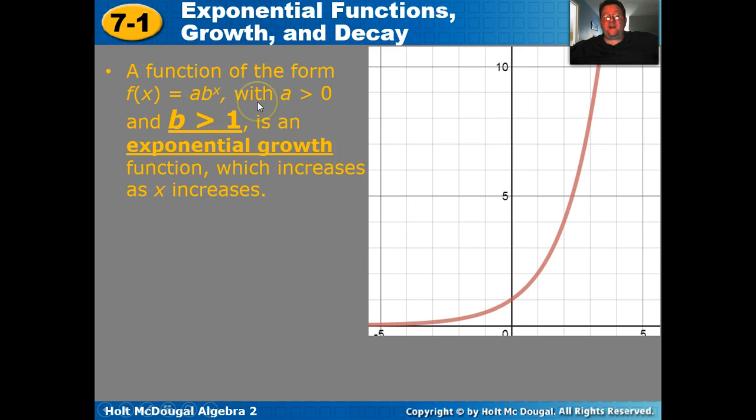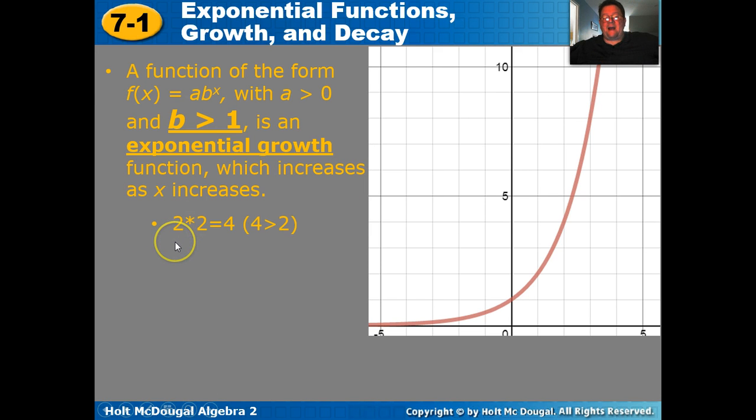What's important here is, of course, a has to be bigger than 0, but b, and this is the important part, is bigger than 1. That's what causes exponential growth, and this is a graph of that. Just remember, growth typically means you get bigger. As x gets bigger, so does our y.